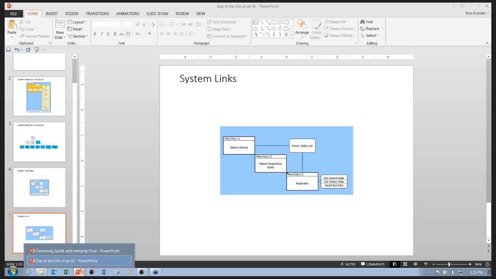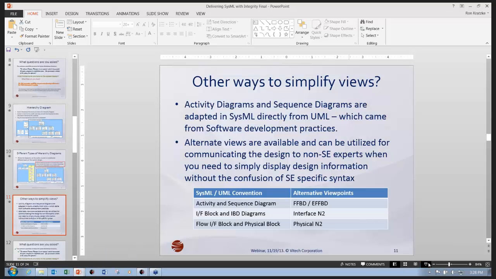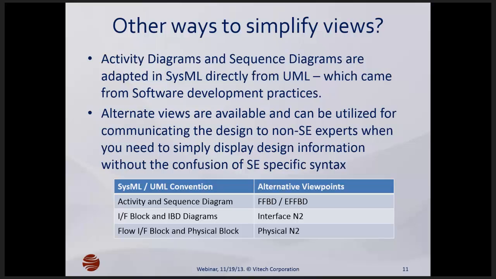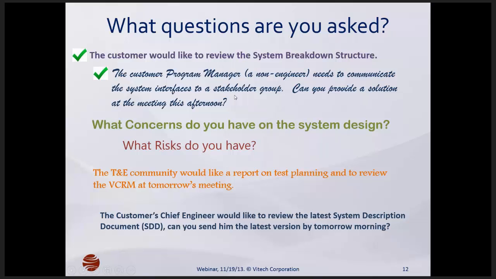I provided the system breakdown structure, and I provided a way to communicate these systems interfaces to the stakeholder group. So the first two tasks are done on my task list.